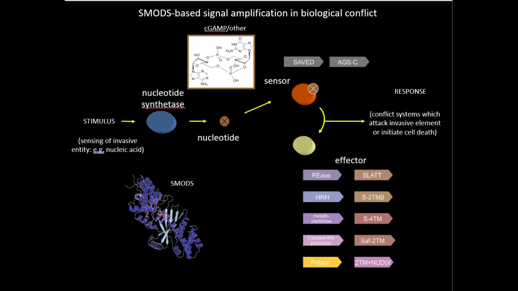So if you had these systems firing off at the slightest trigger, then you're likely to face a downside to it, or it would be disadvantageous, because you would be losing cells and perhaps triggering an inflammatory process if we were to look at a multicellular organism like a metazoan.